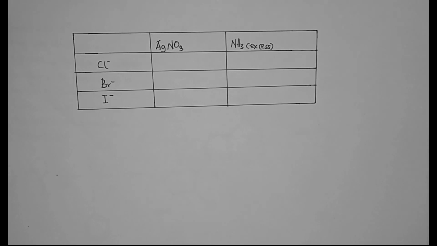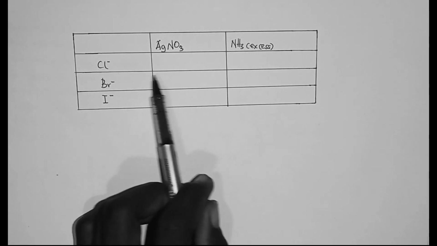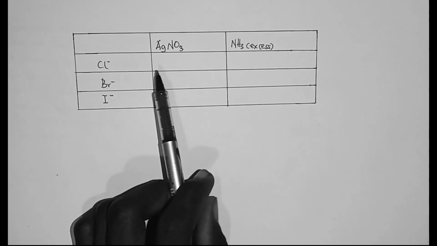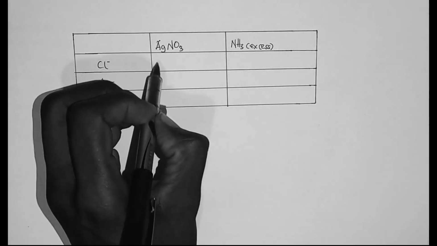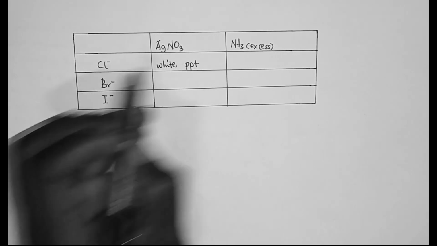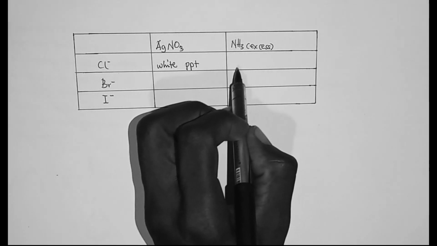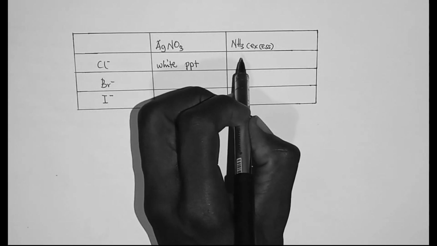So I have a table here. Let's try and then write the inferences for the table under the various reagents that are used. So if there is presence of chlorine in an organic compound, when you put in silver nitrate, you would observe a white precipitate. And then in excess ammonia, the chloride ions are soluble.